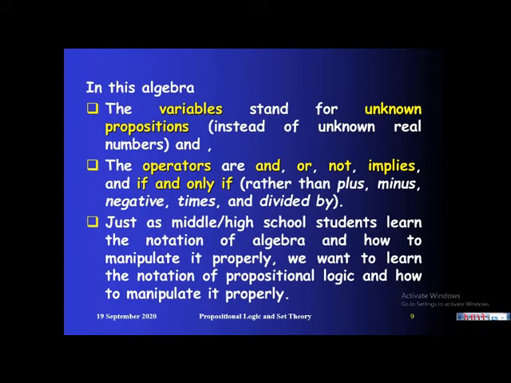In this presentation, I will use proposition, but they have the same meaning. The operators and, or, not, implies, and if and only if are called logical operators. Here we cannot use the usual operators, that is addition, subtraction, division, and negative.